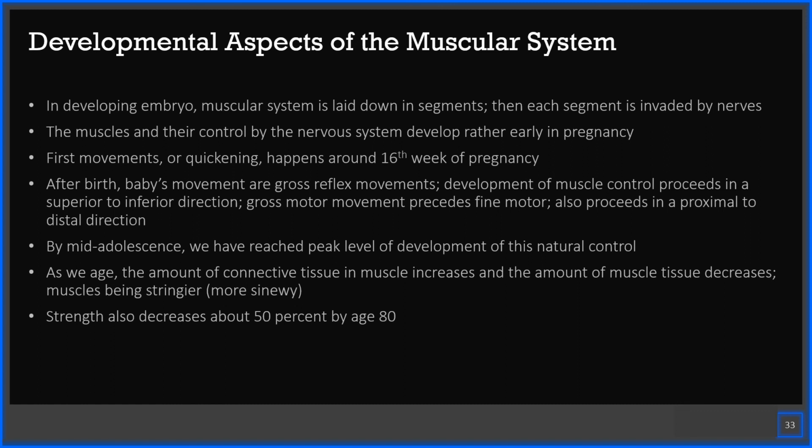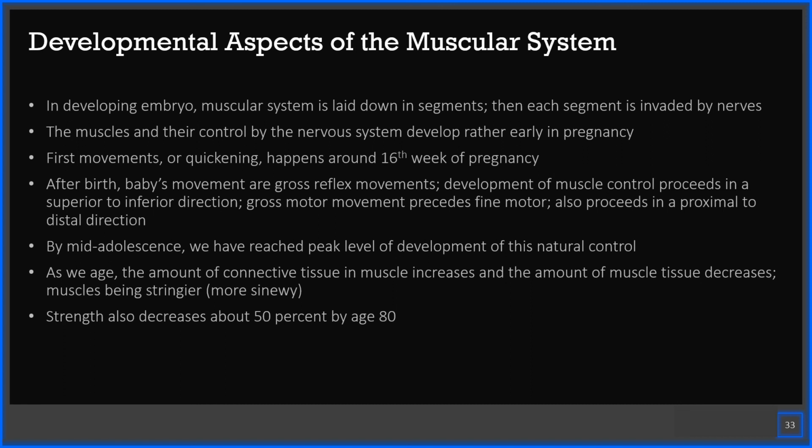By mid-adolescence, we have reached peak level of development of this neural control. As we age, the amount of connective tissue in muscle increases and the amount of muscle tissue decreases, which is what makes muscles appear more sinewy as we age. And strength also decreases about 50% by age 80.